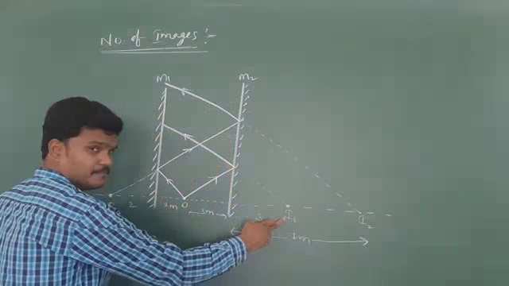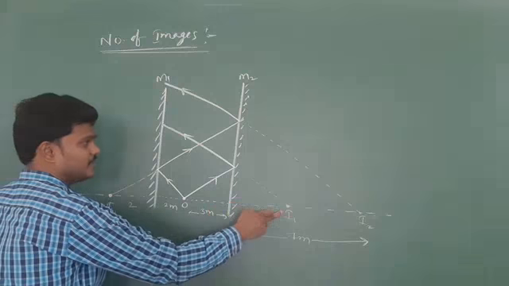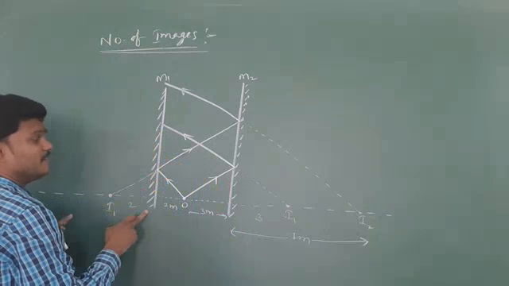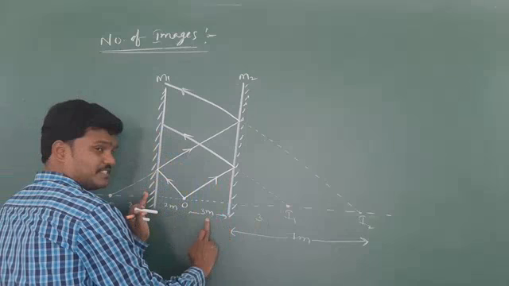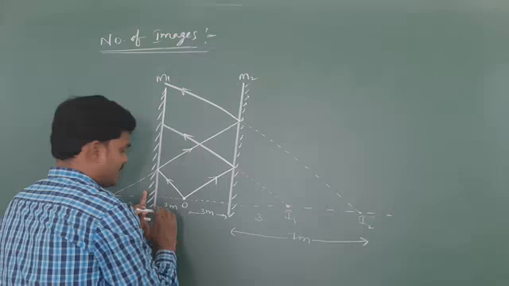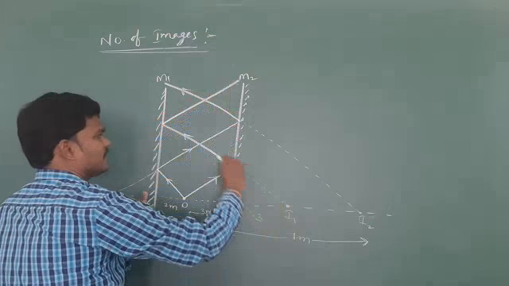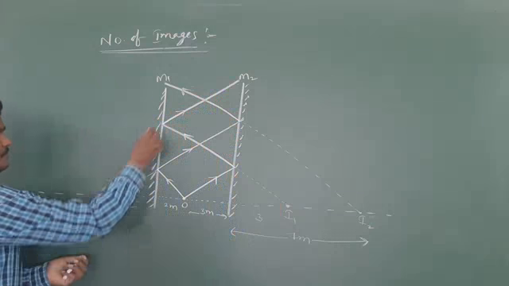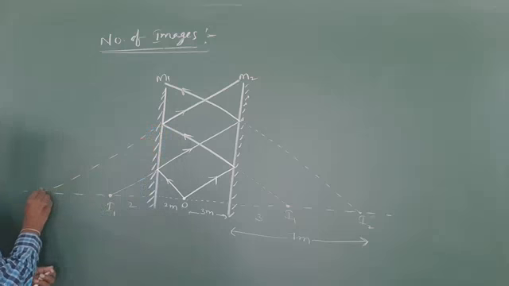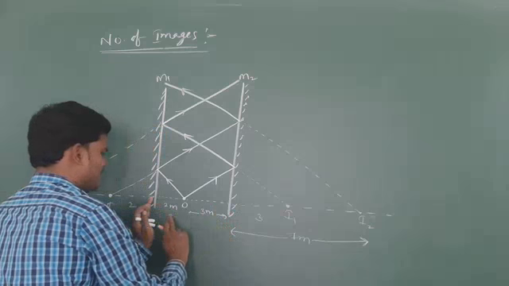And this I1 behaves like a virtual object for the first mirror. Then what is the distance? 3 plus 3, 6 plus 2, 8. If I extend this light ray, see, this is the original light, and if I extend for this mirror, the distance of this one is 3 plus 3, 6 plus 2, 8.